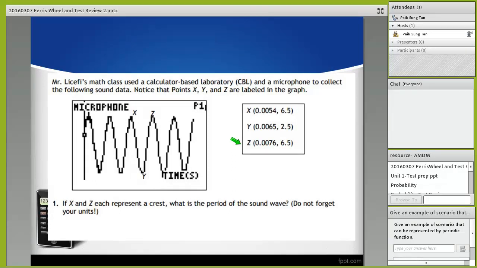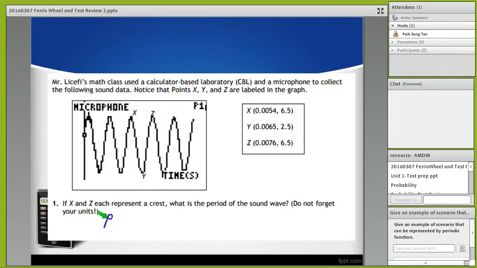So the period of the sound wave we just talked about is the distance between two crests, and the unit on the x-axis is time, in seconds. Okay, and we know the coordinate of x is 0.0054 and the coordinate of z is 0.0076. I mean the x value of it.